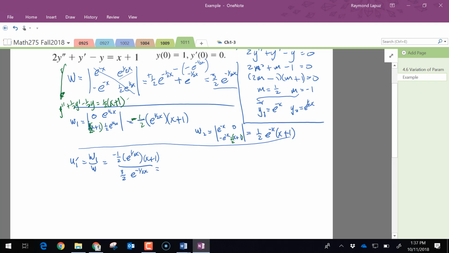So this is 1/2 x minus negative 1/2 x. So it's just x. The 1/2 divided by 3/2, the halves cancel, and it's just 1/3. So negative 1/3 e to the positive x, and then we've got the x plus 1.